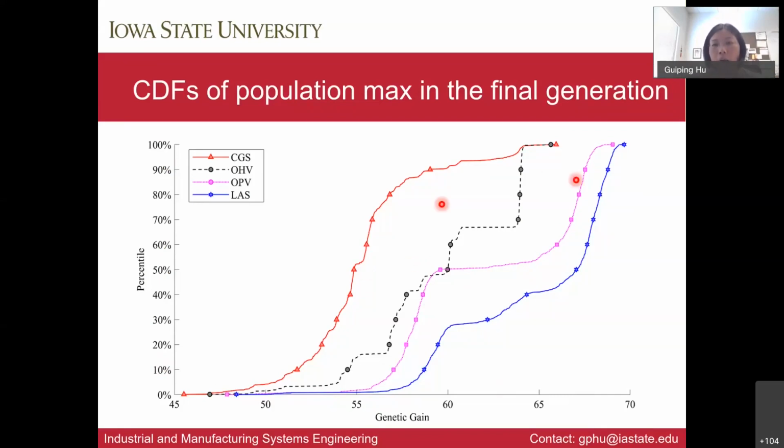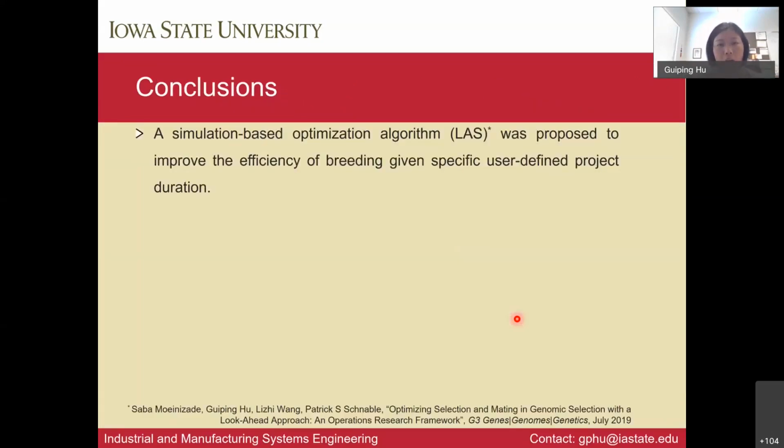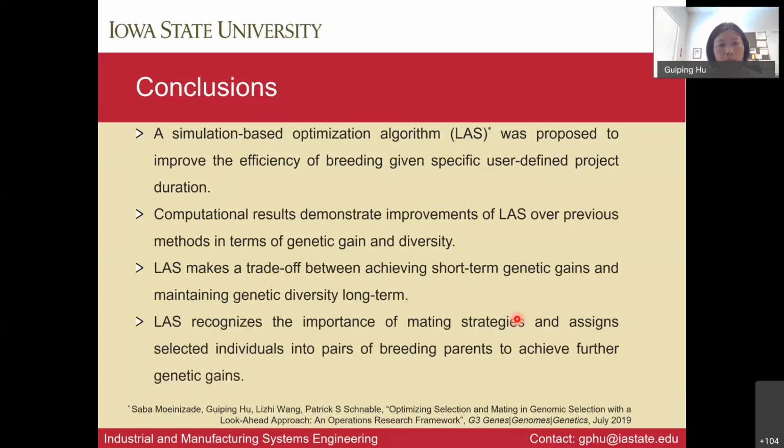This is actually an average of a simulation of 1,000 rounds, so we already consider some uncertainty in the recombination process, and as we can tell, the look-ahead selection is performing better.